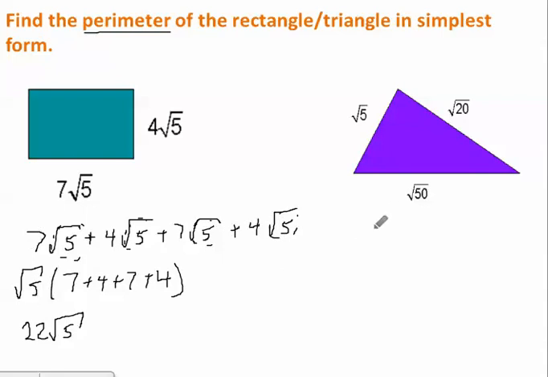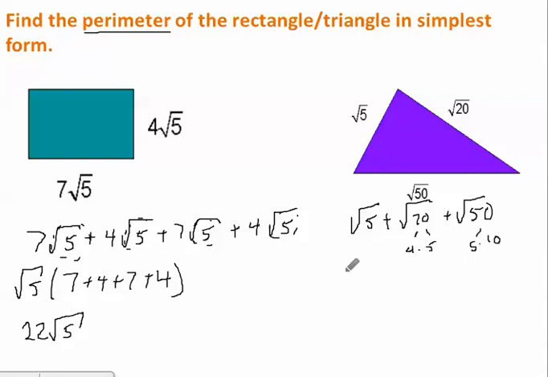What happens when they're not that way? Well, look at this one over here. We've got the square root of 5 plus the square root of 20 plus the square root of 50. Yuck. But this breaks down into 4 times 5, and this one breaks down into 5 times 10.